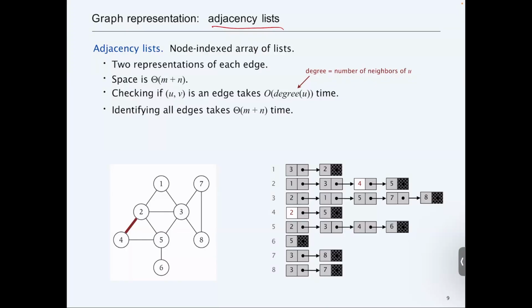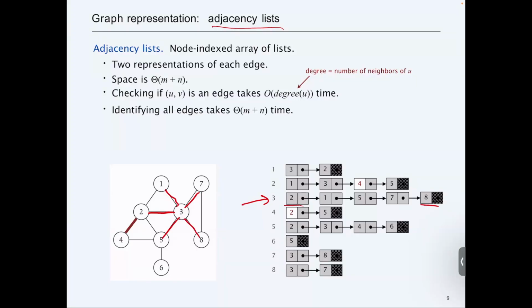So each vertex is going to store a list of its neighbors, and that's why it's called an adjacency list. So for example here, if vertex 3 is connected to vertices 1, 5, and 7, then the adjacency list for 3 is going to be 1, 5, and 7. Now it also contains 2 and 8, and so you'll notice 2 and 8 are there as well.